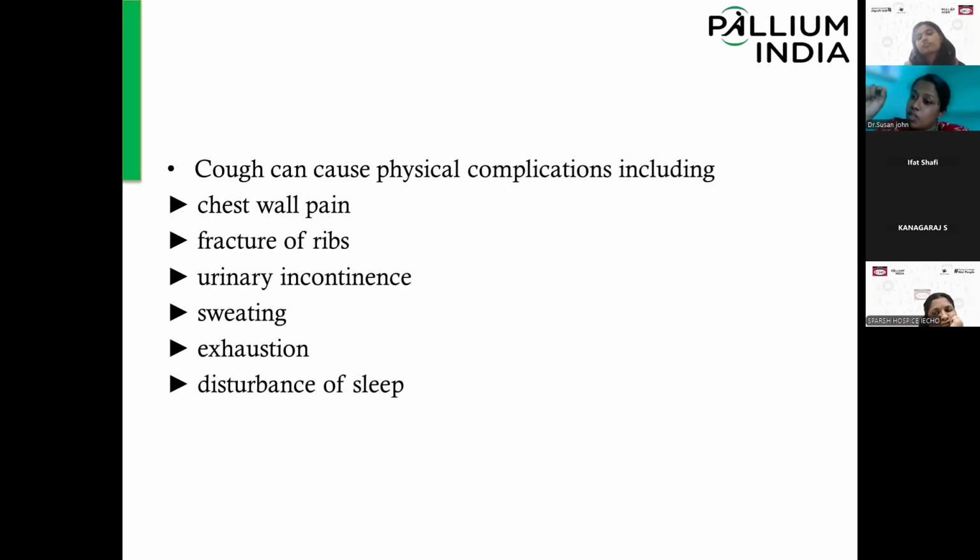But because of the cough, the patient suffers more from these complications. Chest wall pain, rib fractures and urinary incontinence are very common, and sleep disturbances are also very common. Sweating and exhaustion, too. These are the important things you have to know when a patient comes to you with a chronic cough.